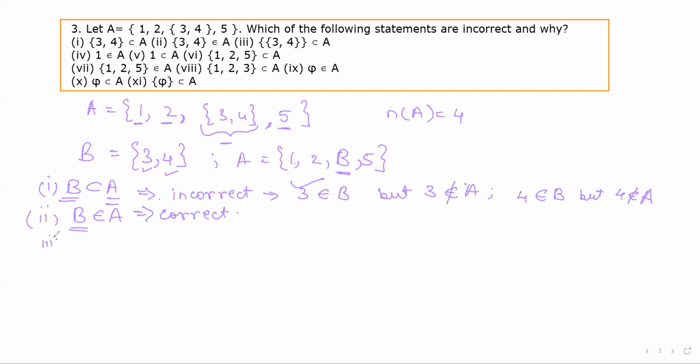Next, the set {{3, 4}}. So, the set {B} is a subset of A. Now, let's consider this set {B} to be D, to avoid confusion.